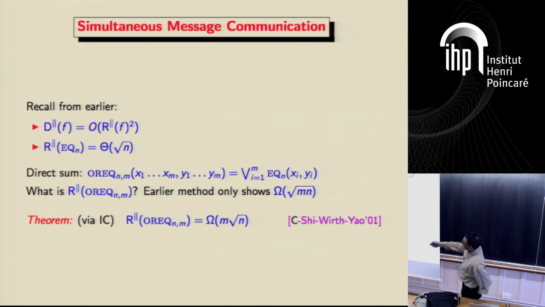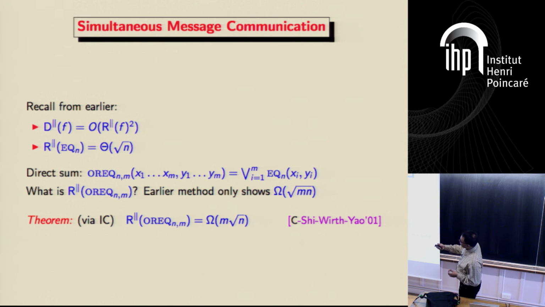Now, we wanted to consider in our paper the following problem. Suppose we have m distinct copies of the equality function, and then we want to compute not all the distinct copies, but just the OR of these copies. Another way of saying this is that Alice has m strings, Bob has m strings. Is it the case that one pair of strings is equal? So what is the randomized complexity of this thing?